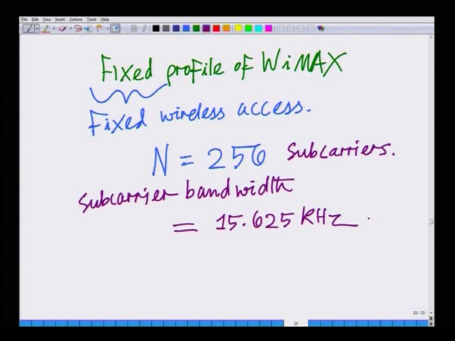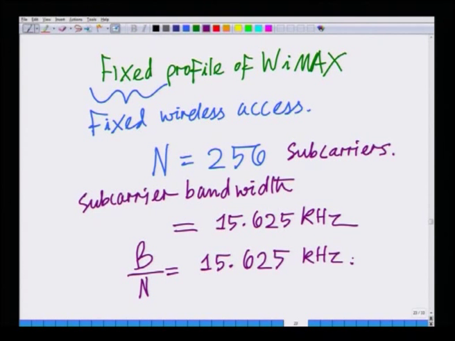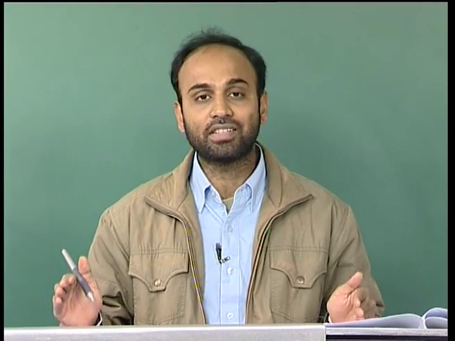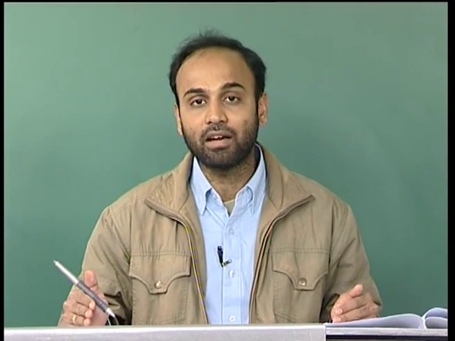So the bandwidth of each subcarrier is 15.625 kilohertz, which essentially implies B by N. Remember, subcarrier bandwidth is nothing but B by N. B by N equals 15.625 kilohertz. So we are considering the example of a fixed profile of WiMAX, a 4G wireless standard, which has N equals 256 subcarriers, and the subcarrier bandwidth, which is B by N, is 15.625 kilohertz.